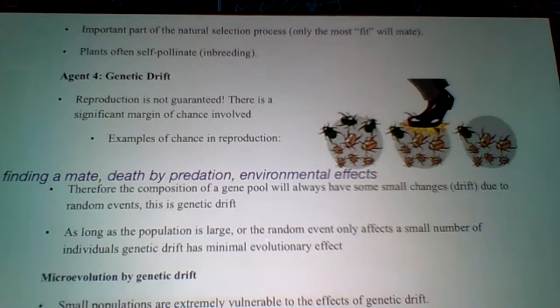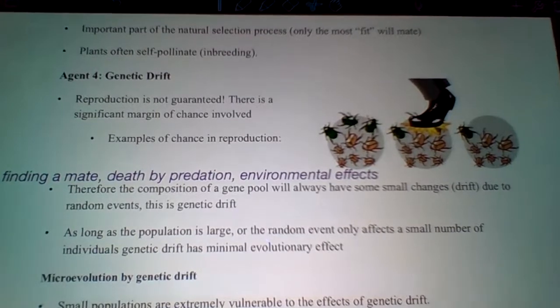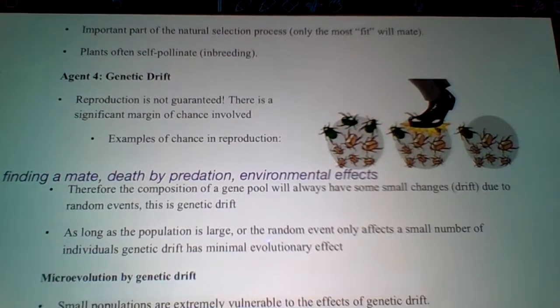If you have a population that is equally distributed between dark and light-haired rabbits, for example, and suddenly a lightning strike comes out and kills 10 rabbits by random chance, and that's like half the population, well, maybe you just lost all the rabbits that were able to mate and reproduce with that light hair gene.